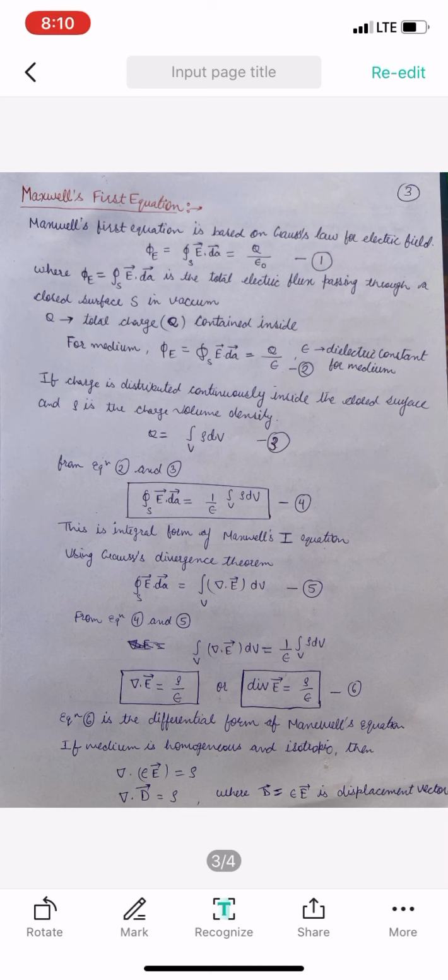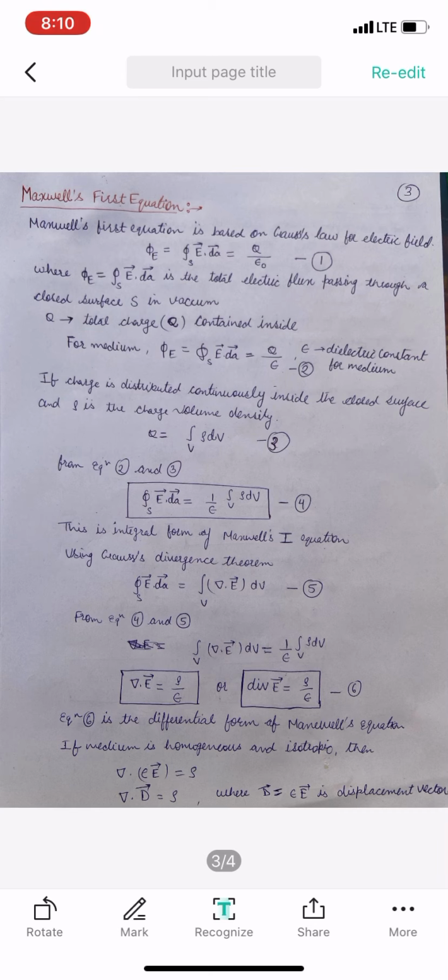If charge is distributed continuously inside the closed surface and rho is the charge volume density, then Q will be equal to the integration over the volume of rho dV. Charge volume density is described as total charge enclosed in the volume divided by the volume element.